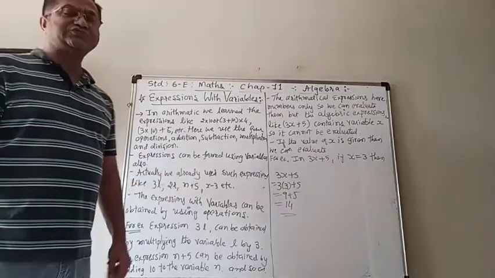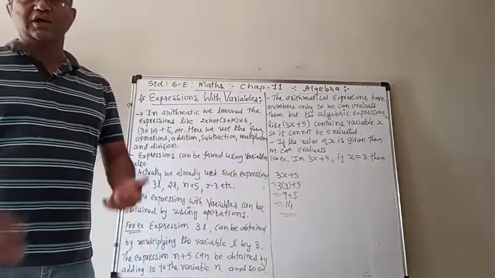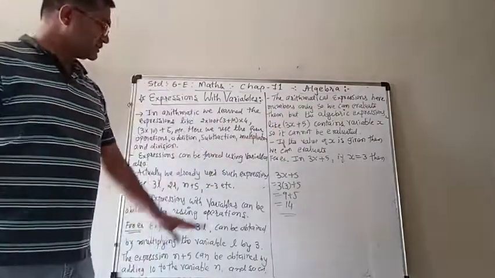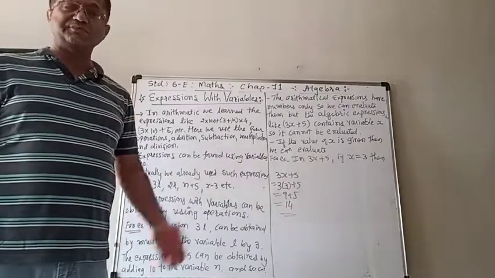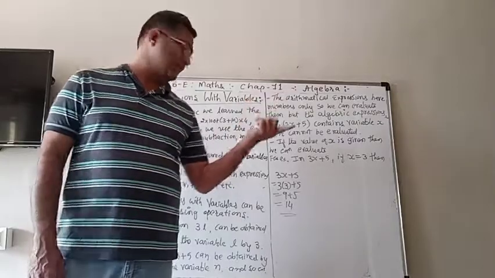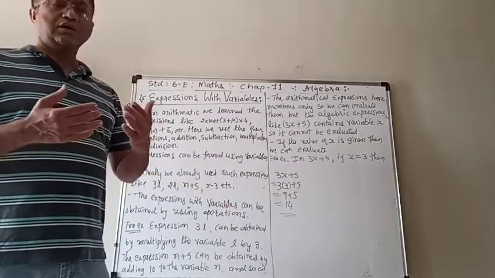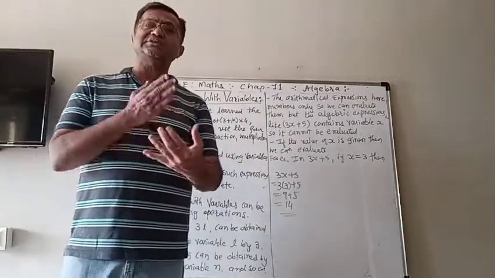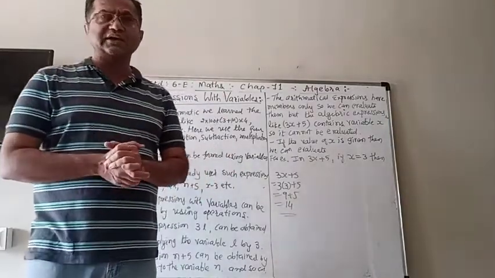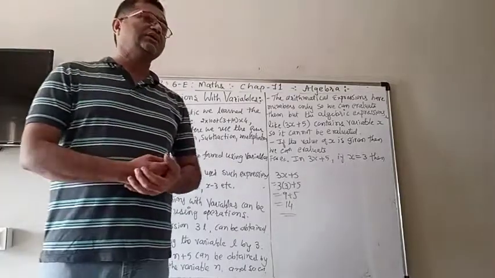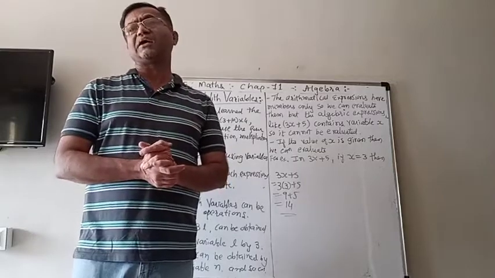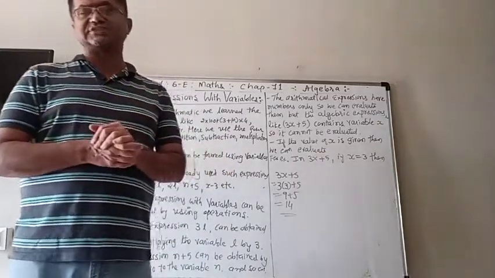Similarly, n plus 5, in which we have to add 5 to the variable n. Similarly, x minus 3, we have to subtract 3 from the variable x. So according to the situation given, we follow the instruction and write it in terms of the variables. Then that is known as an algebraic expression.